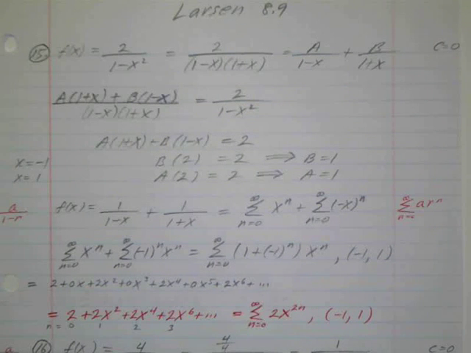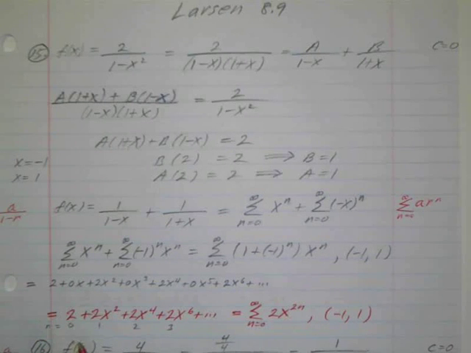If I put 0 in here, I get 1, and negative 1 to the 0 is 1, so 1 plus 1 is 2, so I've got 2 times x to the 0, which is just 2 times 1. But if I put 1 in here, I get 1, and negative 1 to the 1 is negative 1, so that's 0. So 0 times x just becomes 0.